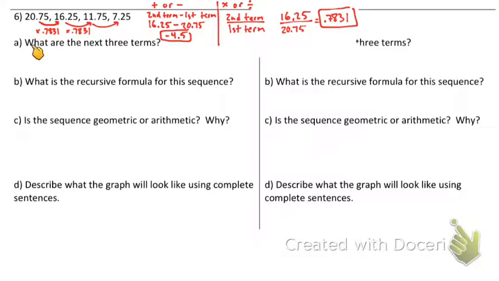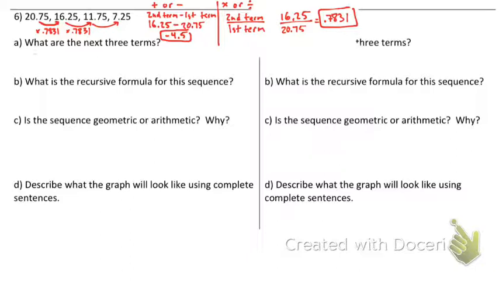So real quick, just to show you how this works, I'm going to take 20.75 and multiply it by this. Okay, and what you'll notice is you get 16.25. It works for that one. But then we got to check it for the next one. 60.25 times 0.7831.